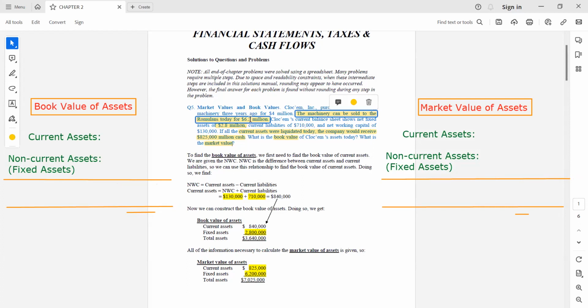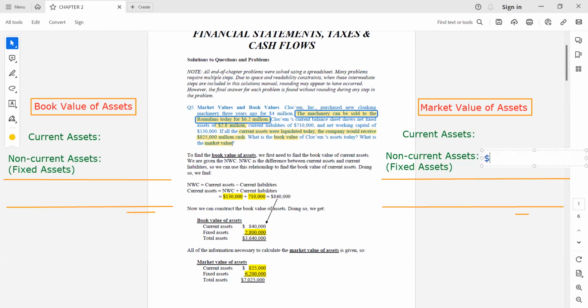This is market value. Machinery, current or non-current? Non-current, very good. So we fill it up here first.